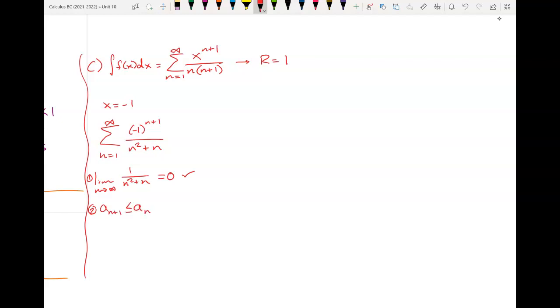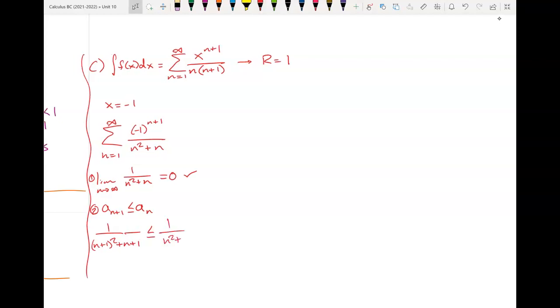So that would be 1 over n plus 1 squared plus n plus 1. Is that less than or equal to a sub n, which is 1 over n squared plus n? I think we can pretty much say, yeah, that's definitely going to be smaller because it's a bigger denominator than the one on the right. So this converges. All right, so it converges on the left.